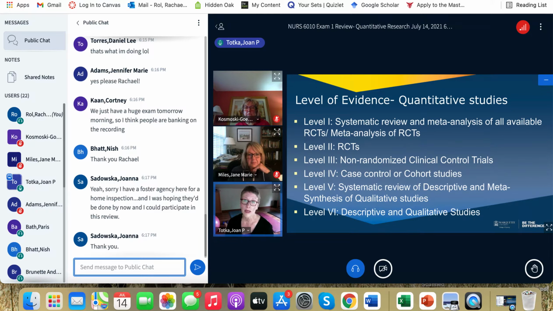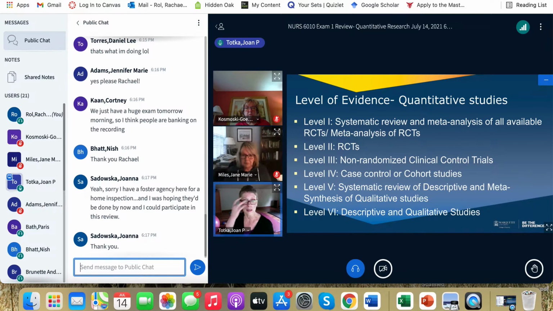Level 3, non-randomized controlled trials. Level 4, case control or cohort. Level 5, systematic review, descriptive and metasynthesis of qualitative studies. And level 6 is descriptive and qualitative studies. Now, it doesn't mean that any of these are bad, but what the levels tell you is how strong the evidence is.